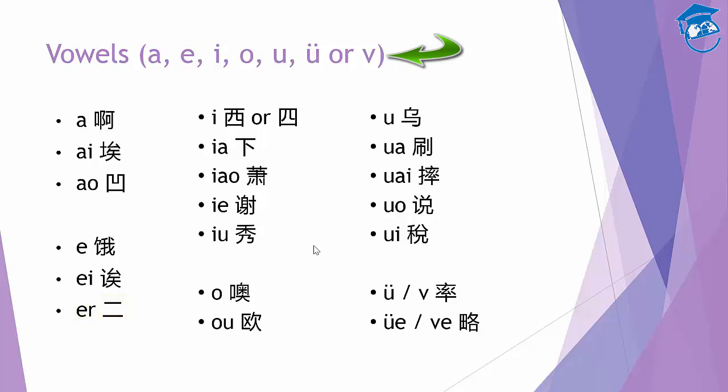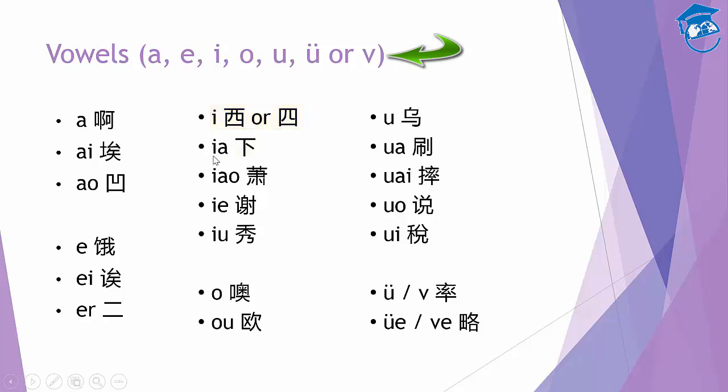For this group, I will have to illustrate with the consonant s, so it can be better illustrated. This one has two different pronunciations. One can be e and the other one is u. So when it's combined with the s sound, it can be si or it can be su.